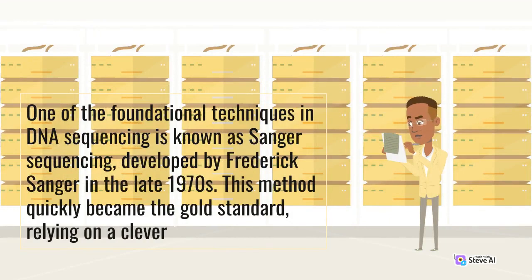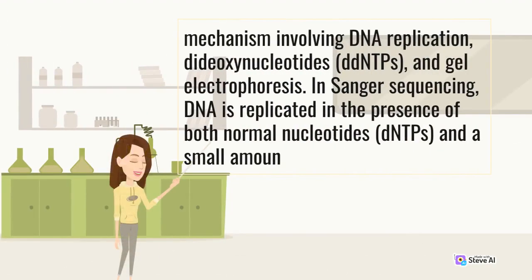One of the foundational techniques in DNA sequencing is known as Sanger sequencing, developed by Frederick Sanger in the late 1970s. This method quickly became the gold standard, relying on a clever mechanism involving DNA replication, dideoxynucleotides, ddNTPs, and gel electrophoresis.